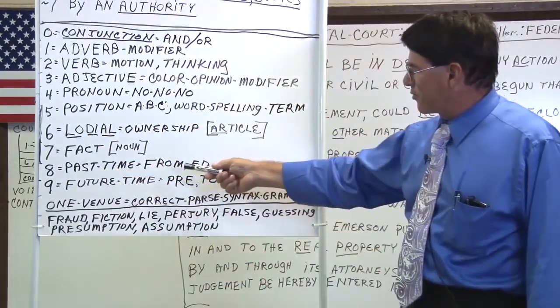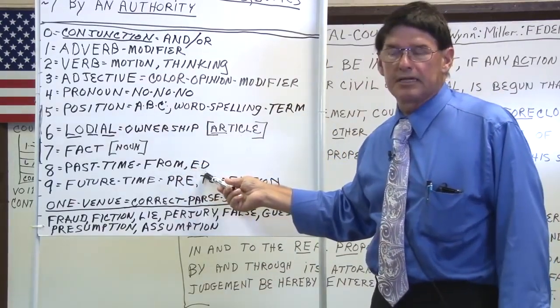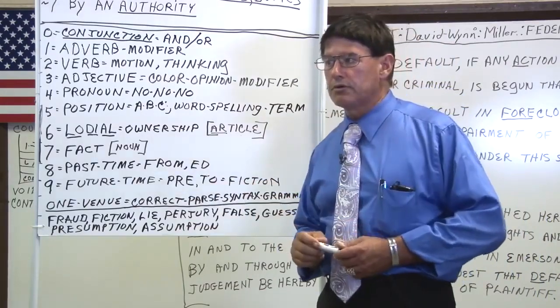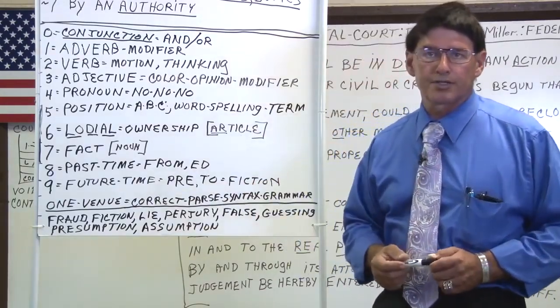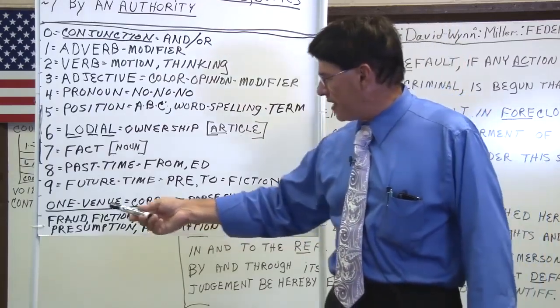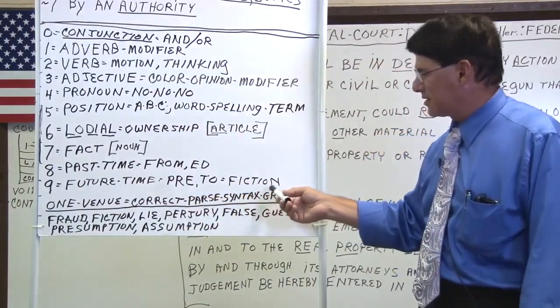Now, the past can be a word used as from, or any word ending in ed would represent a past. When we went to school, they taught us that a sentence must be one thought. So we have a one venue or one condition of thought, which is the correct parse syntax grammar.